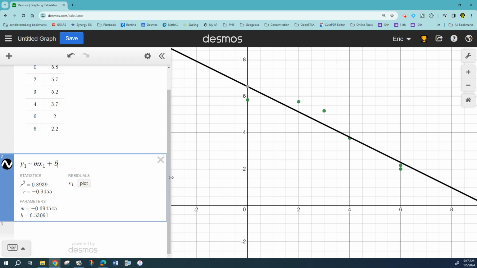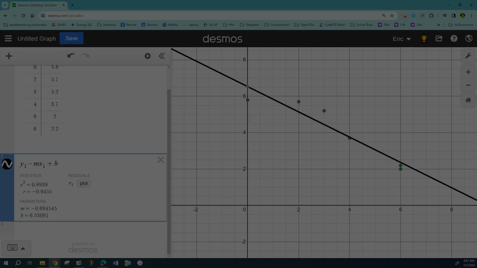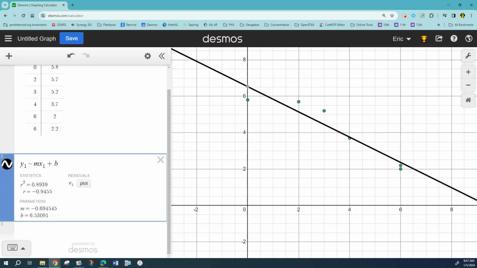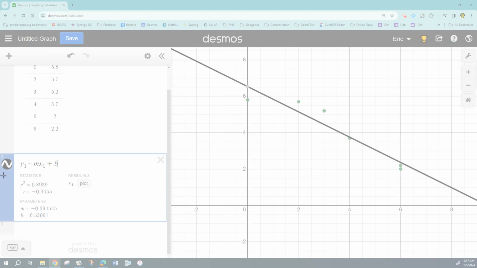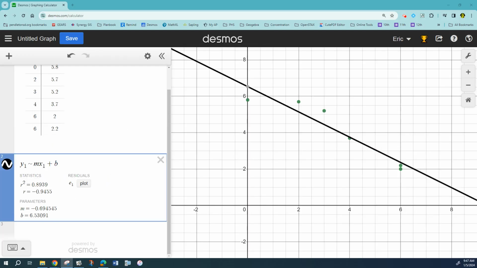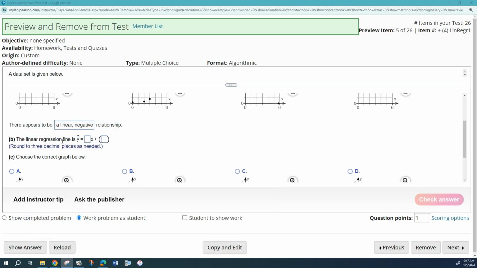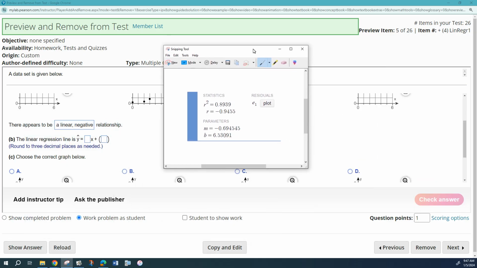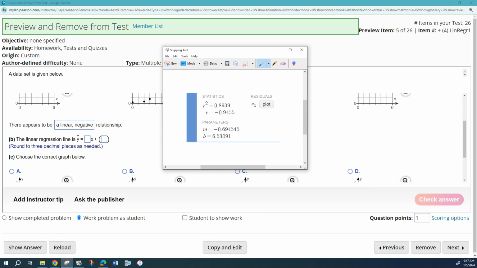All right, so then we would just take these numbers right here. Okay, so then we would go into our regression model here, and there it is, right? We're just plugging in that value of m and that value of b into the regression model, rounding to 3 decimal places.